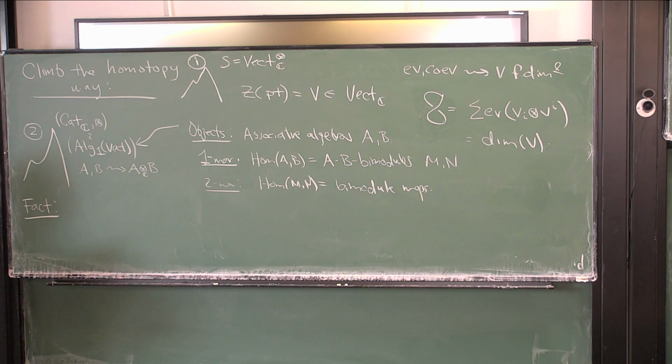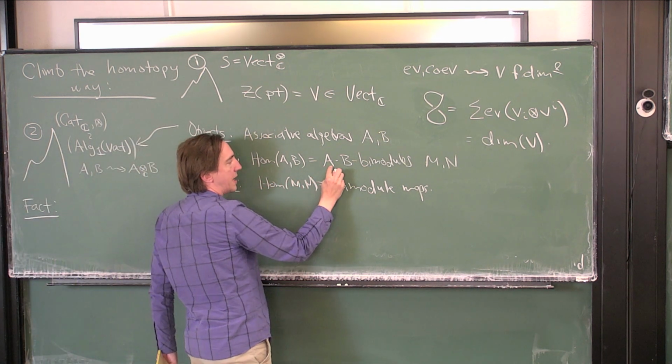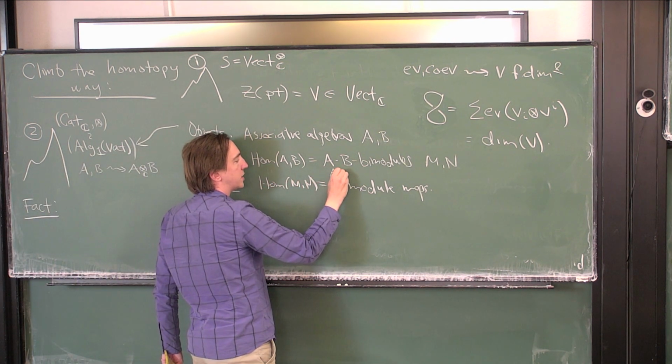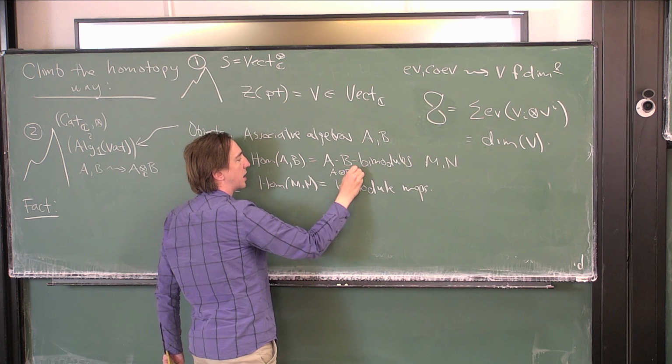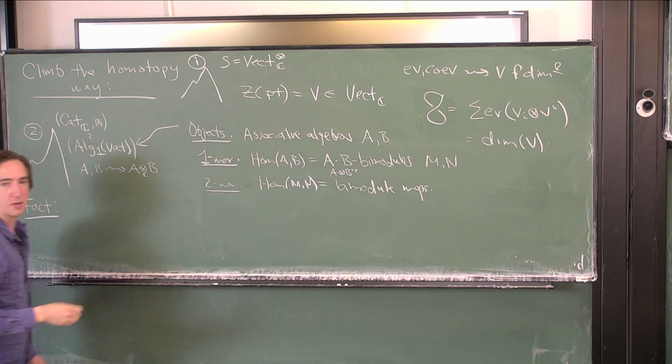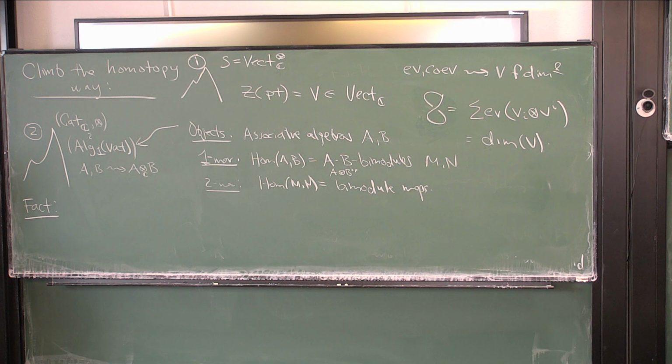So it's like the disjoint union, algebraically. Thank you. That's important. So in particular, an A-B bimodule is the same as an A tensor B-op module, and that's an important observation, which I'll actually use right now.